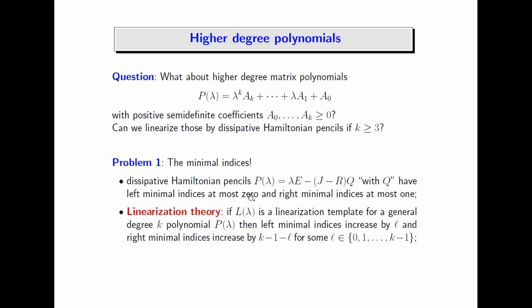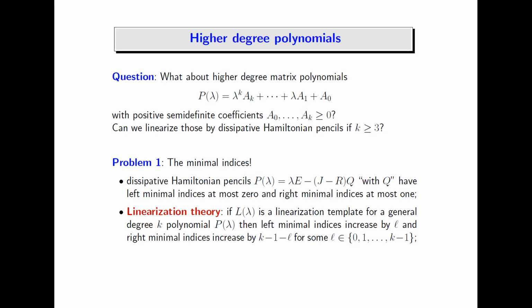And the dissipative Hamiltonian pencils can only have right minimal indices that are at most 1. This means that with degree 2, there is already the end. And if we have degree 3 or higher, then this is not possible, because either the left minimal indices would have to increase or the right minimal indices would have to be at least 2, which is not possible for the linearization. So no chance here to get these dissipative Hamiltonian pencils.